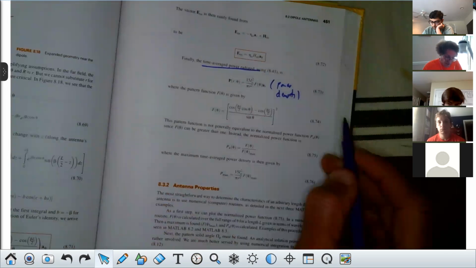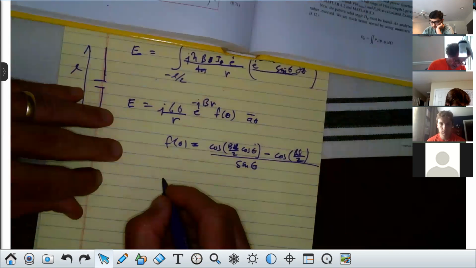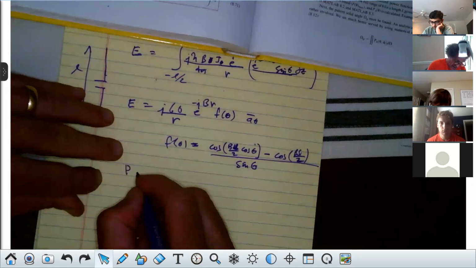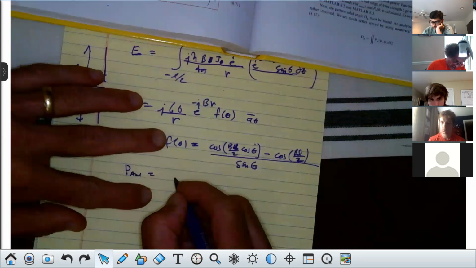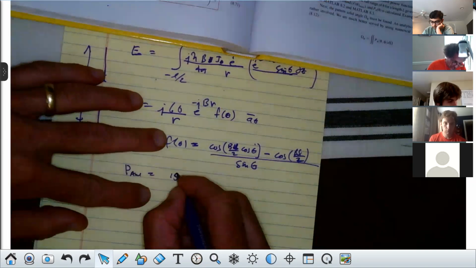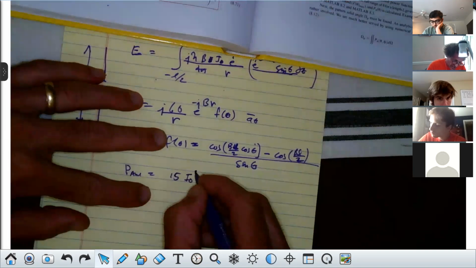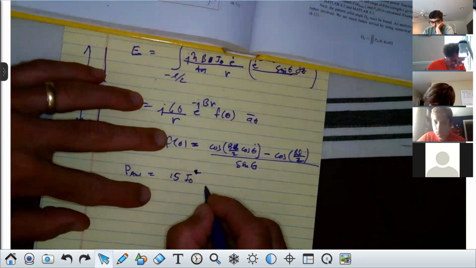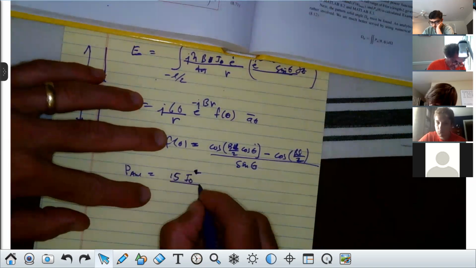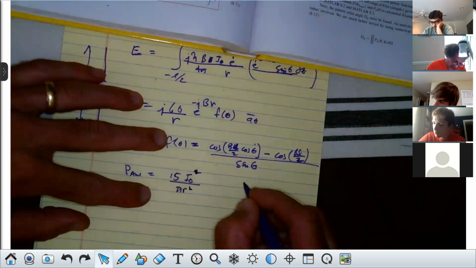So the actual power radiated, P av, will be equal to 15 right here, I naught squared. I naught is the peak of the current, and it's divided by pi r squared. And then he uses f theta.